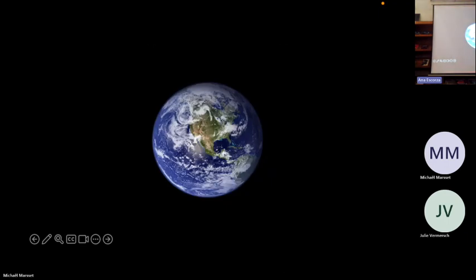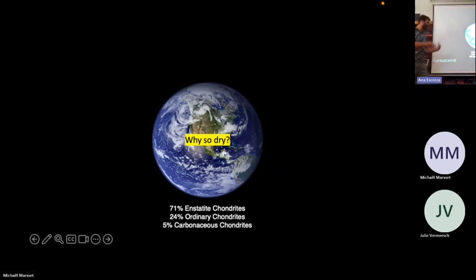And answering this question is also answering the question, why is the Earth so dry? Because it accreted from similar building blocks. It might sound like a funny question because 70% of the surface of the Earth is water, but in terms of total mass, it's quite low. It's 0.1%, right?